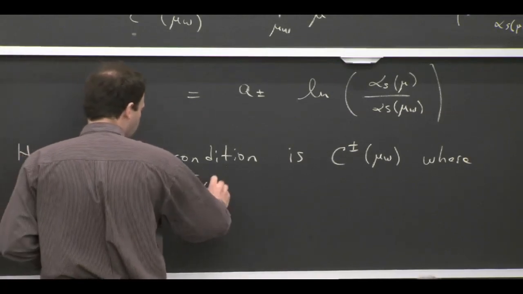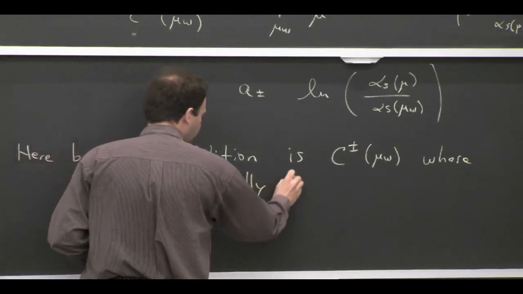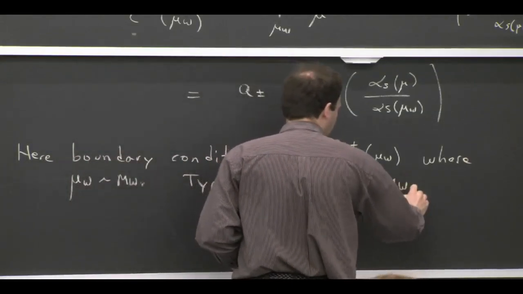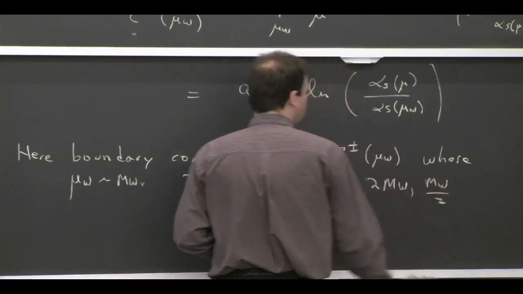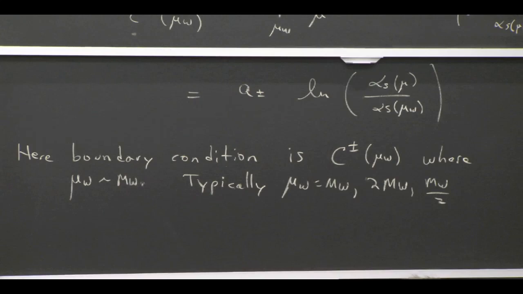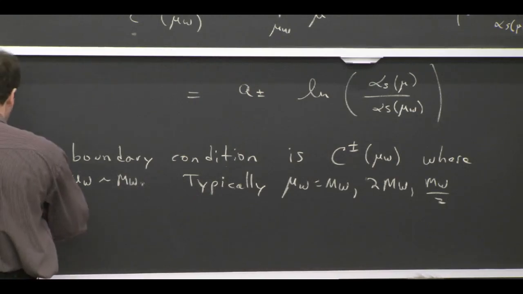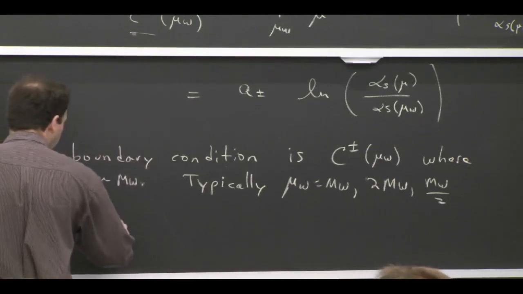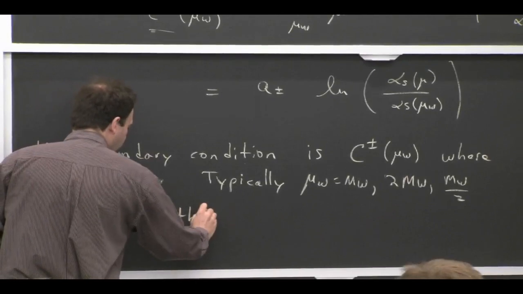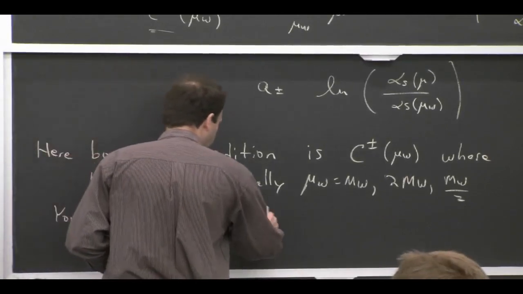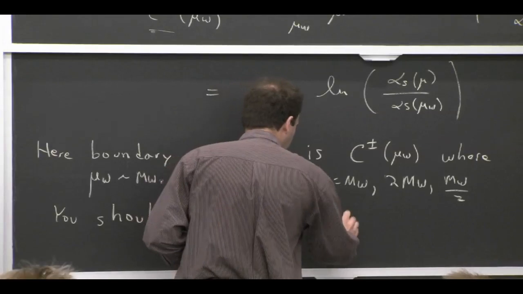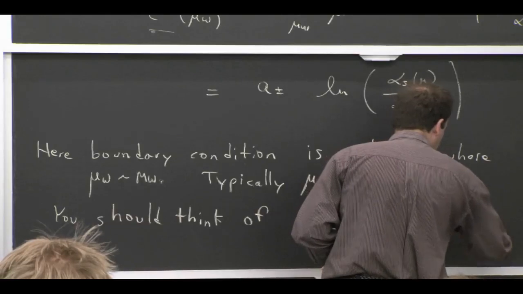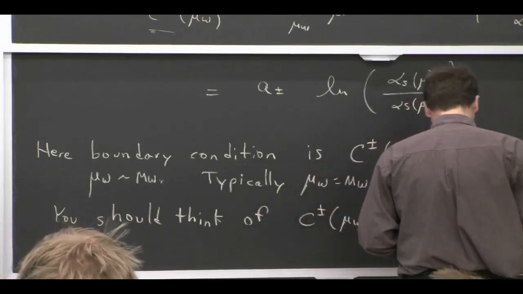Typically what that means is you could take a common choice, which would be just to take it equal, or you could pick twice or half, and these are the most common choices that people pick. So the way that you should think of this guy in the denominator is that he's really a fixed order series in alpha of mu w, something that you would calculate order by order in perturbation theory.